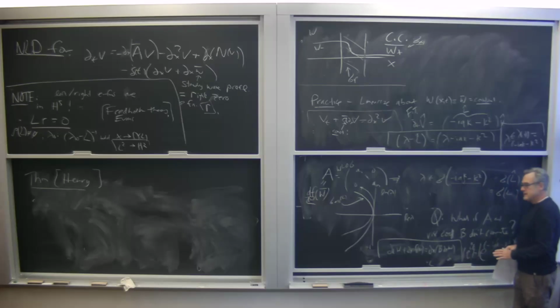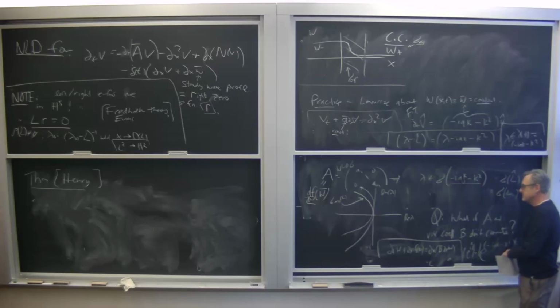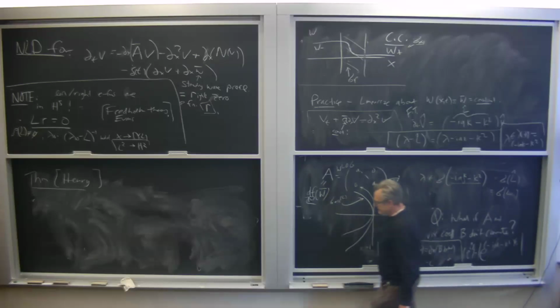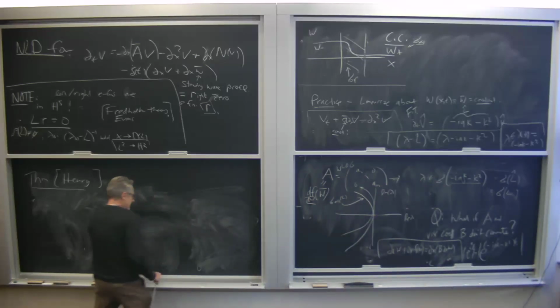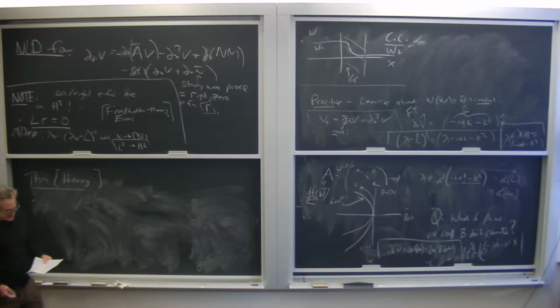For k equals 0, that's 1. So it does not exponentially decay. In fact, it algebraically decays, as we're going to see. But from L2 to L2, it just doesn't decay at a rate. It actually does decay to 0, but that's another theorem, and not at any known, uniform rate.